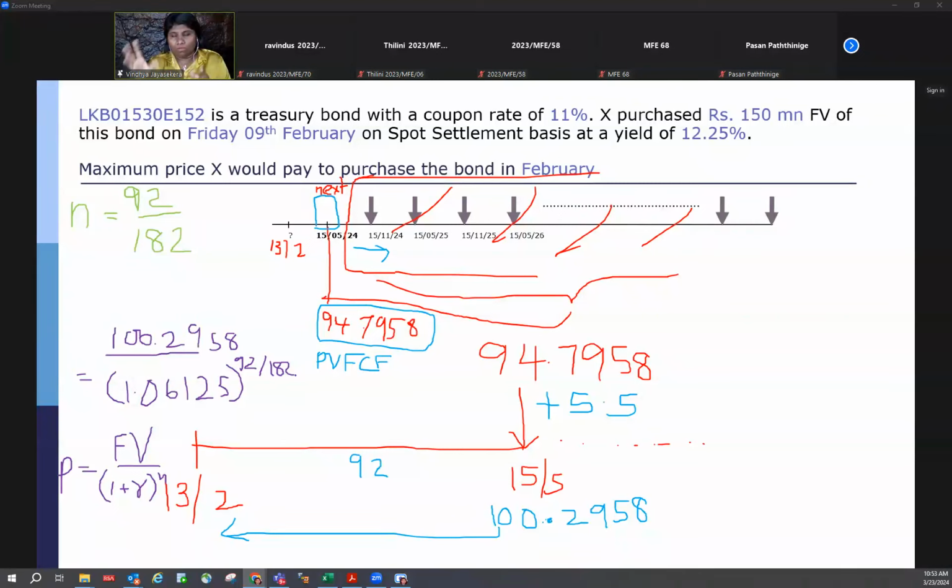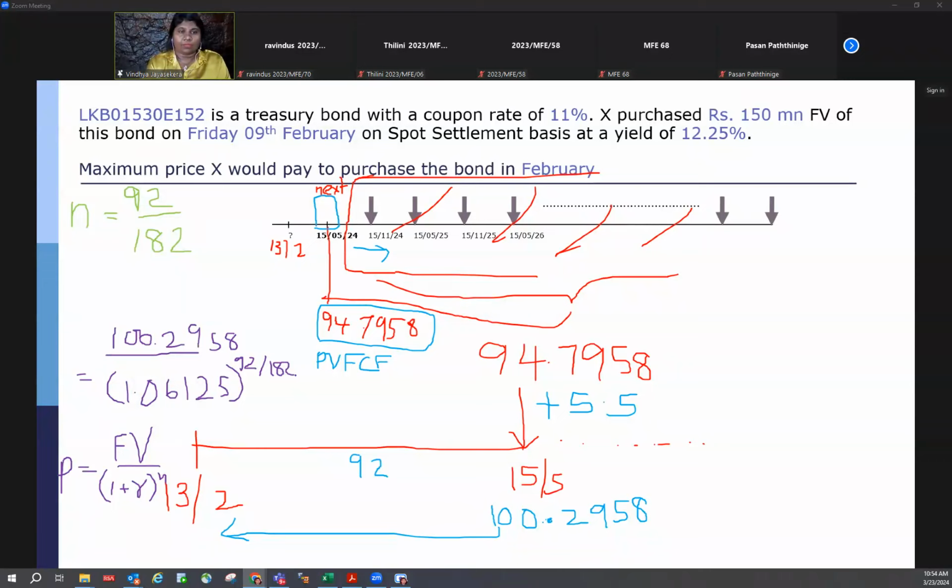Also, 12.25 is a semi-annually compounded rate, so it's 6.125 for the semi-annual period. You just multiply it by 2 to quote the rate, but on an AER basis it's actually more than that. That also plays into your calculations.